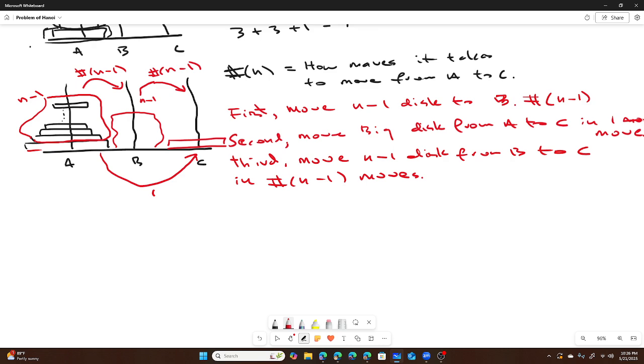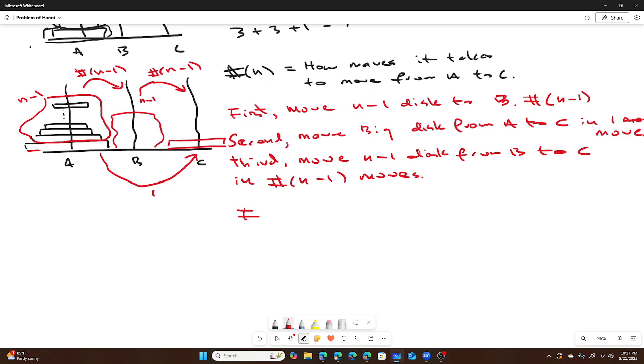So if we combine all the moves it takes to move n disks from pin A to pin C, it would be the sum of each one.